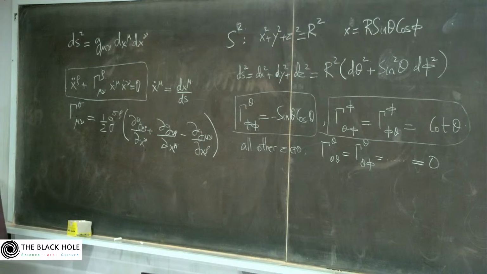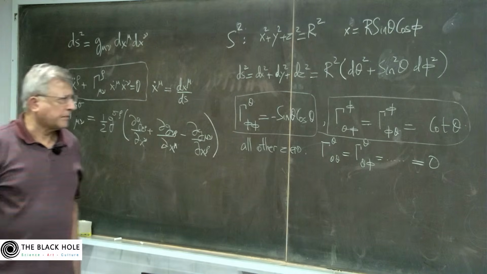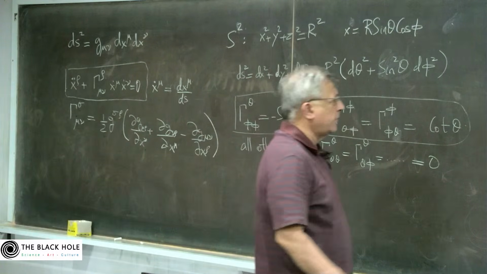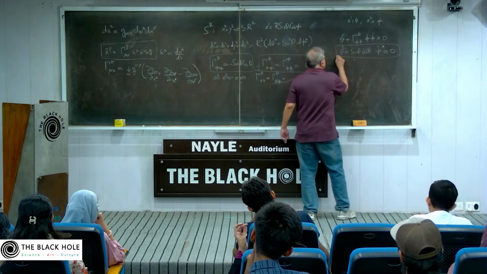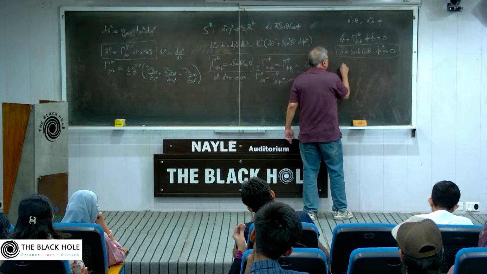And right, let's look at the second equation. So this is our first equation. Second equation will be phi double dot.